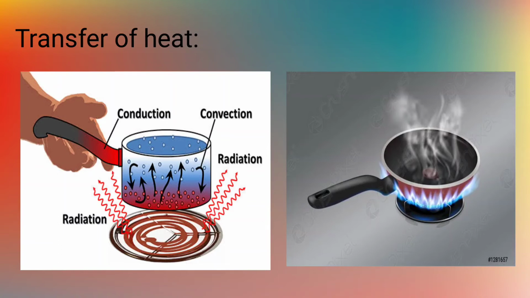When the pan is kept aside, then slowly it becomes cool. Why? It is because the heat transfers from the pan to the surroundings. What did you understand from it? Heat always flows from hotter objects to colder objects. Again I am saying, heat always flows from hotter objects to colder objects.